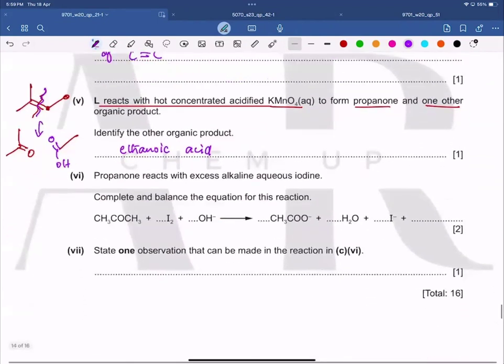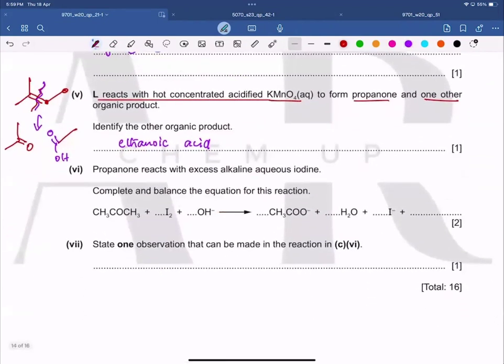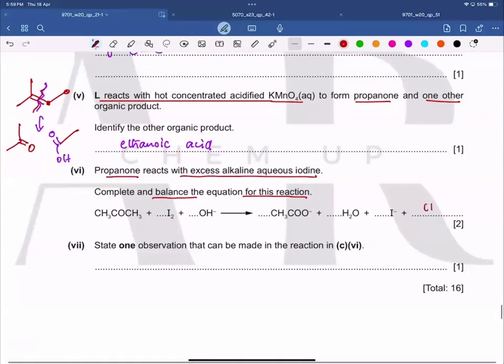Now, last two parts. Propanone reacts with excess alkaline aqueous iodine. Complete the balanced equation for this reaction. Which product didn't they mention in the equation? Can anyone identify which reaction this is? Good. Yes, the iodoform is not shown, CHI3.